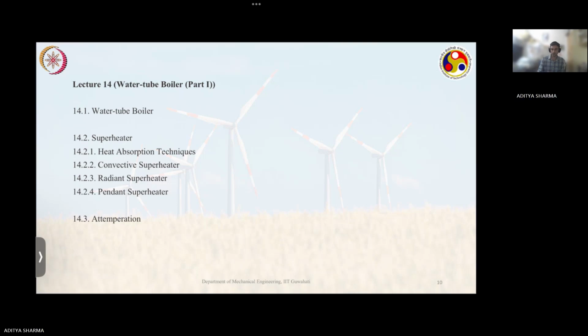Okay, so we have economizer, steam drum, superheater, reheater. Okay, so this is from your previous lecture only. Then is your superheater here.